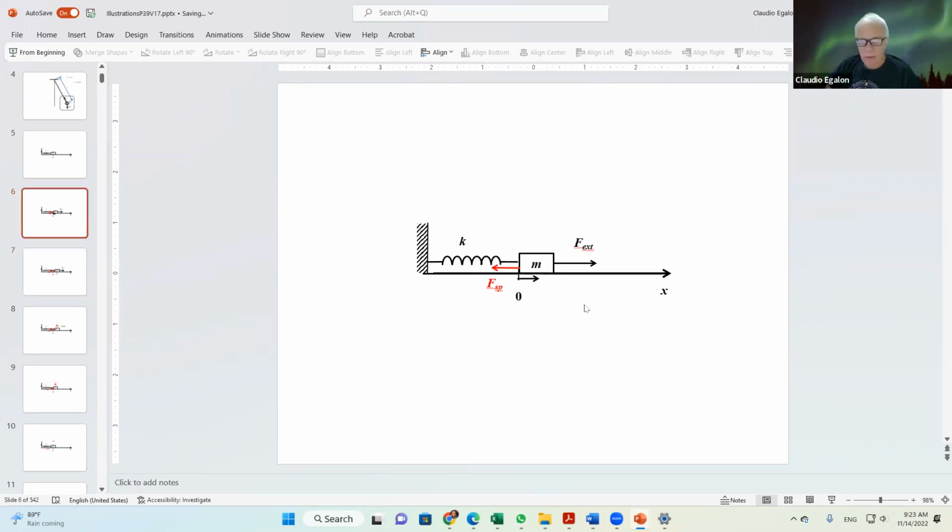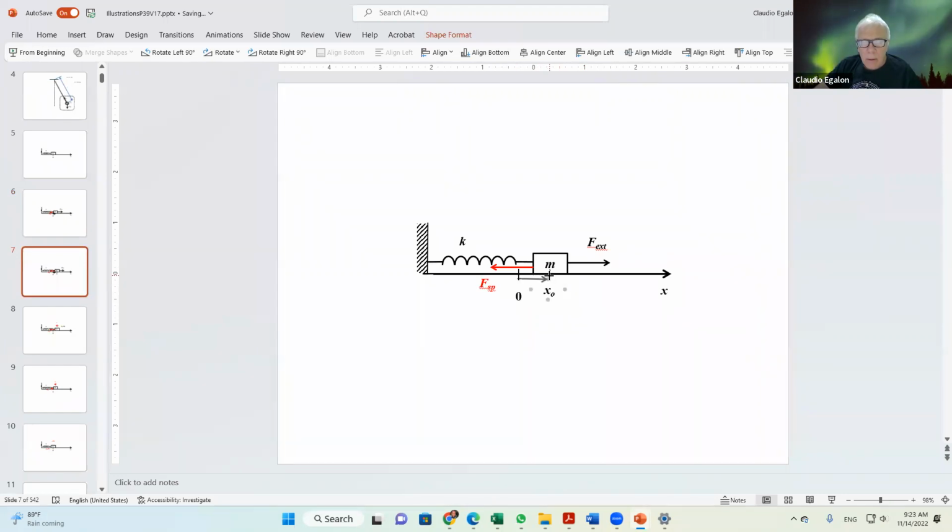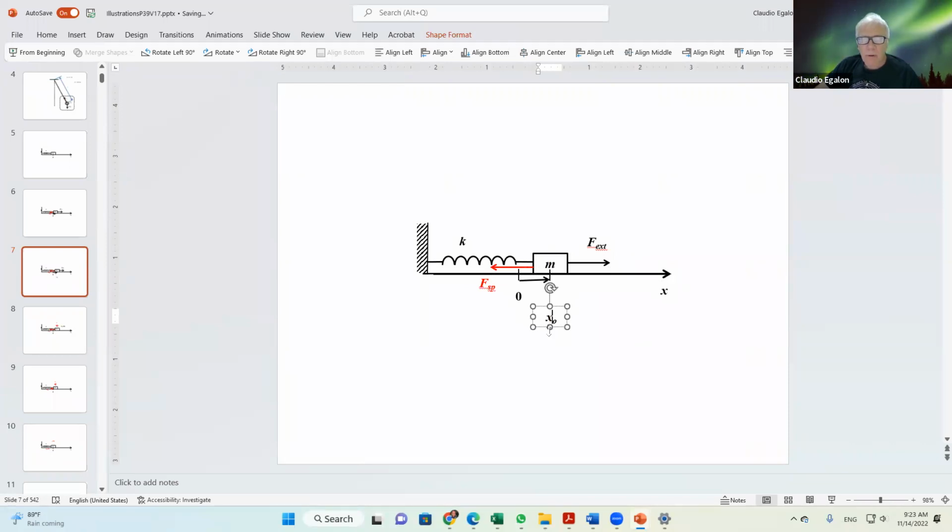Now we have a larger displacement from the equilibrium position, and we have a larger force.